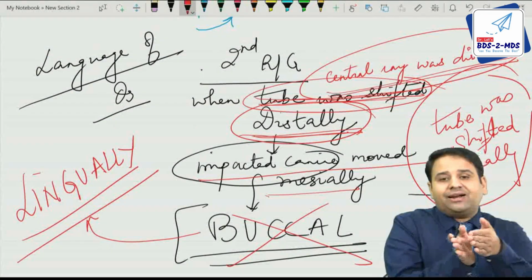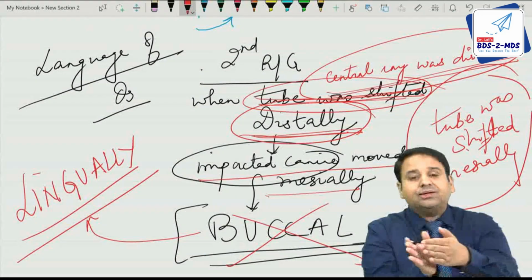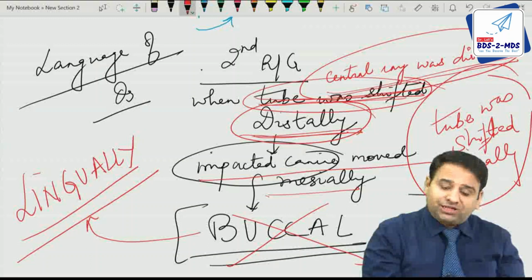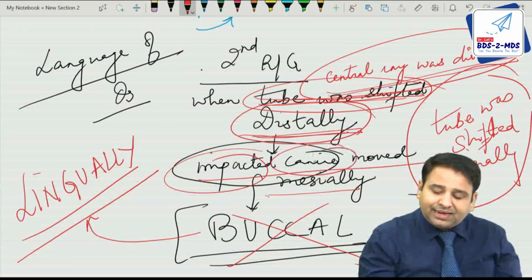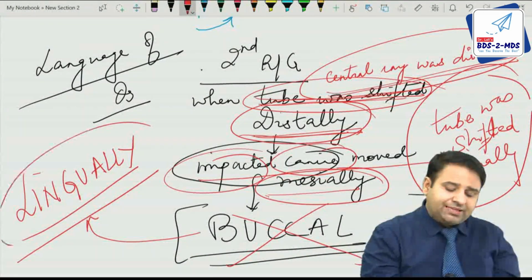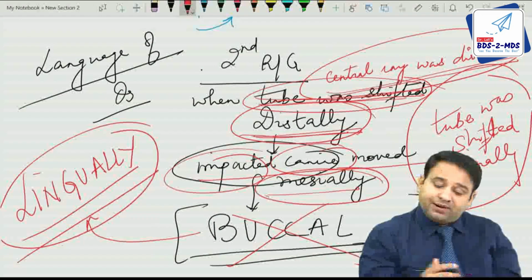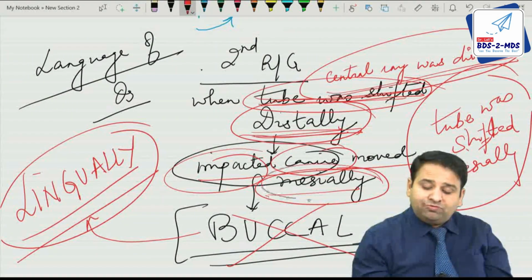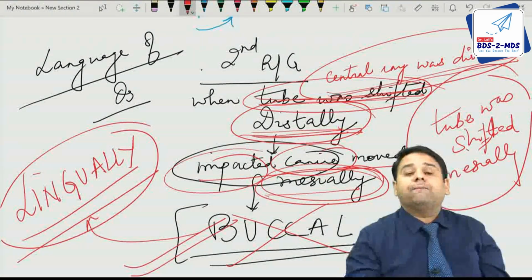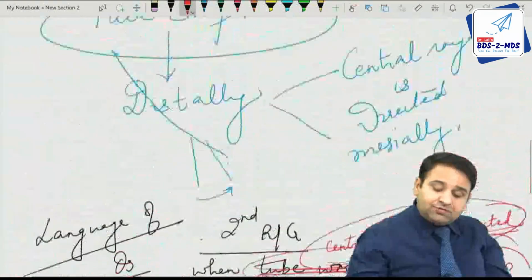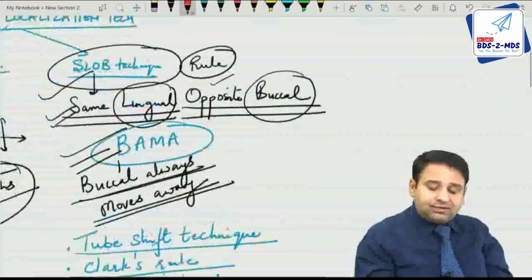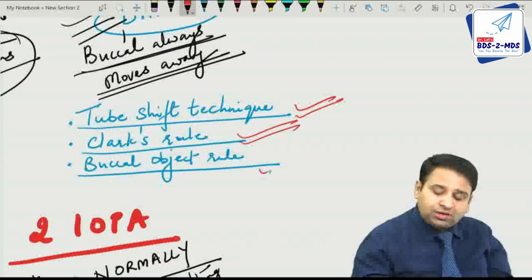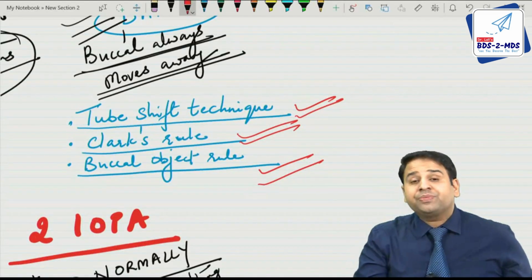So the tube was shifted in the same direction where this impacted canine moved. So same as lingual, right? But if the question was the previous one, that the tube was shifted distally and then the canine moved mesially, then yes, it was buccal, right? So this is the SLOB technique, the BAMA technique, the tube shift technique, Clark's rule or buccal object rule.